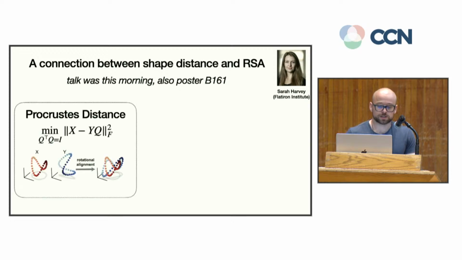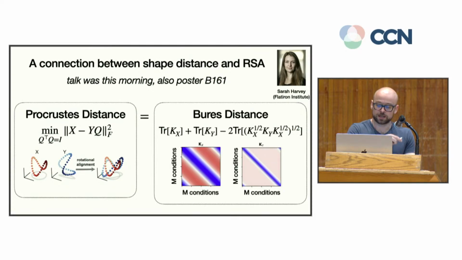And what's somewhat remarkable is that the Procrustes distance is special in that you can compute it the way I was telling you, but you can also compute it in terms of these condition by conditions representational similarity matrices or kernel matrices. So the expression here on the right, it's not immediately obvious to you why these two things should be the case, but it does end up being the case and ends up being not too difficult to prove. So you can go to Sarah's poster tomorrow if you want to, ask details about the reason this is true.